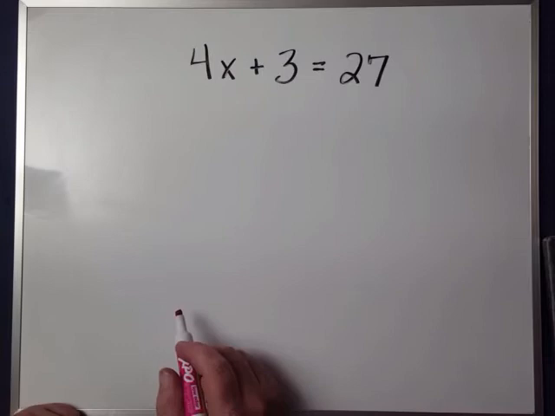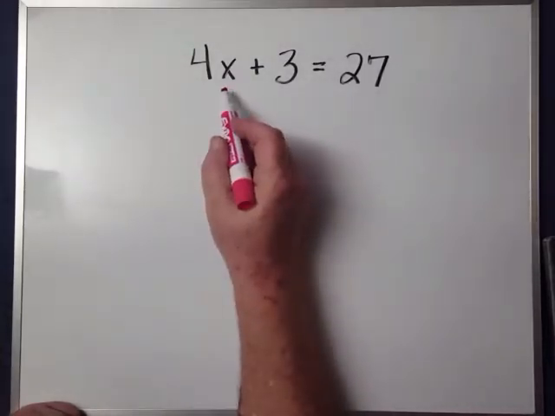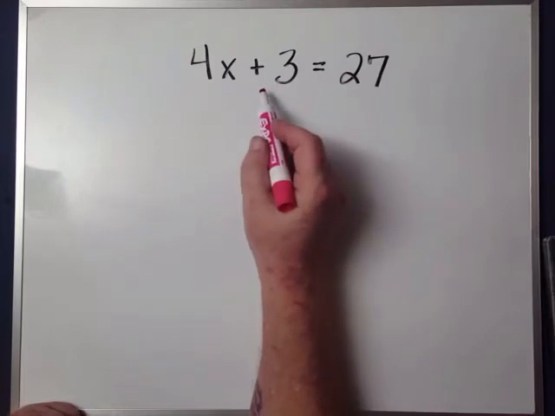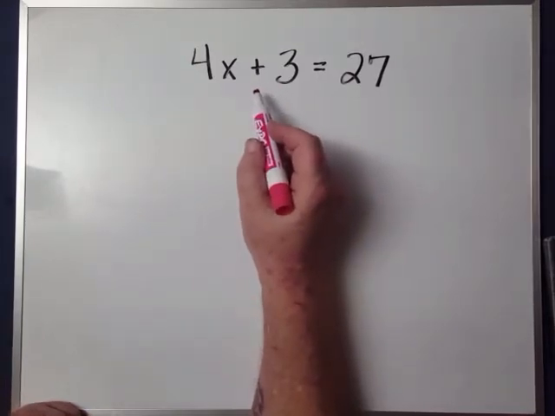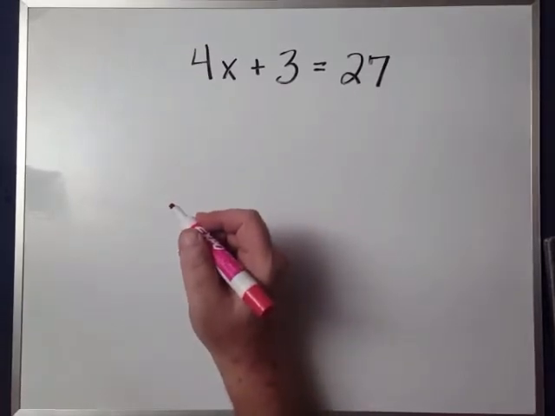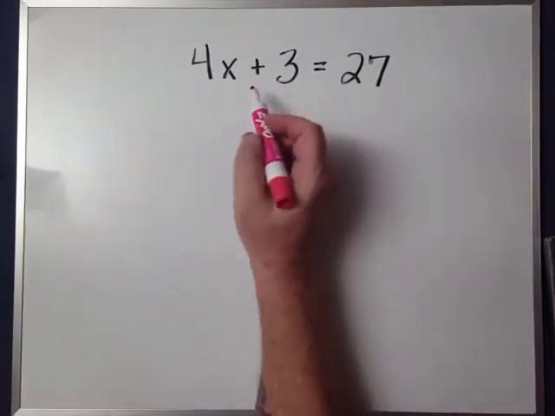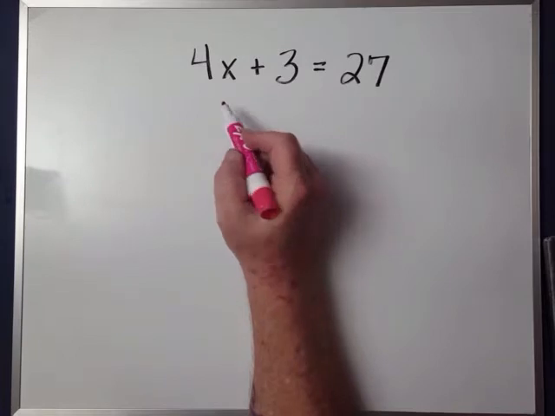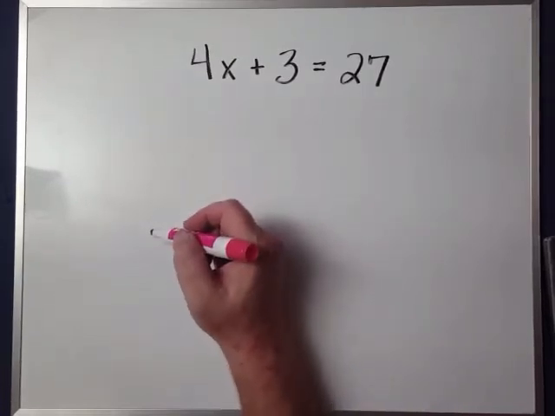What prevents the x from being by itself? It's being multiplied by 4, and then that is having a 3 added to it. So what do we get rid of first? Well, think about it this way. We're trying to undo what has been done to the variable to get it once again by itself.